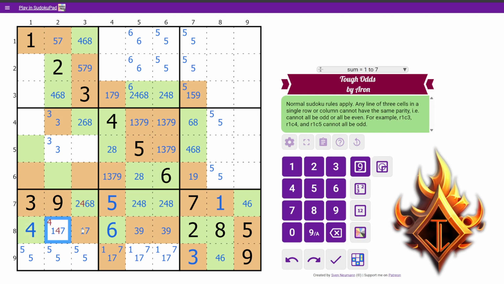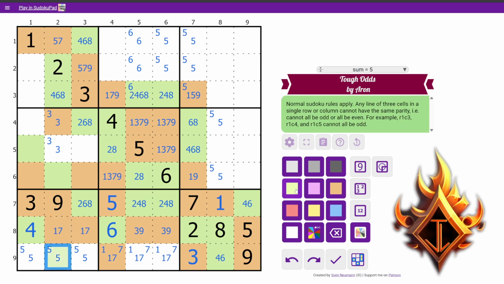So that is 4. This is odd. Now this is even. There, which is not 5. Which is 2, which is 6 or 8. 2 is already in the column.